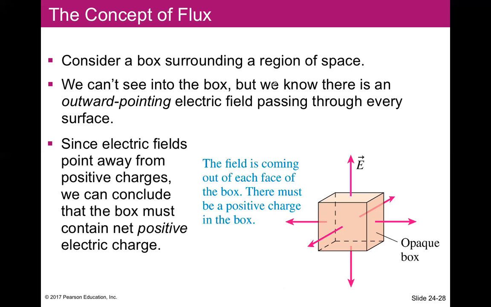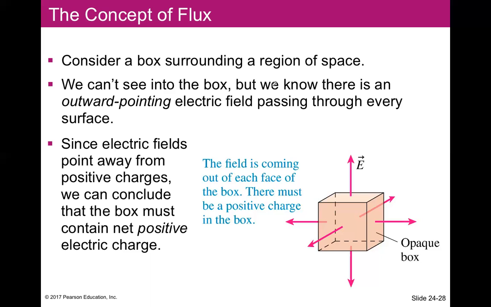Okay, now the concept of flux. We have learned that flux is defined as the electric field times your surface area. For example, if you have a box here, there might be some charges in the box.